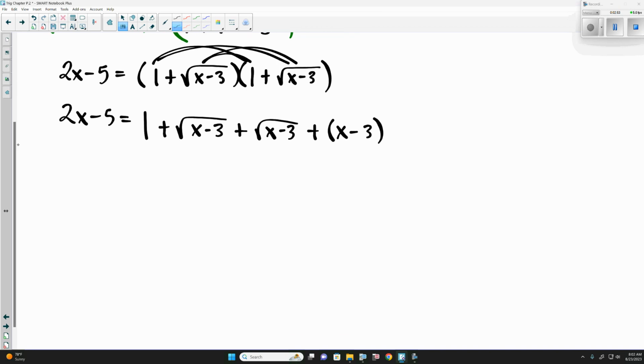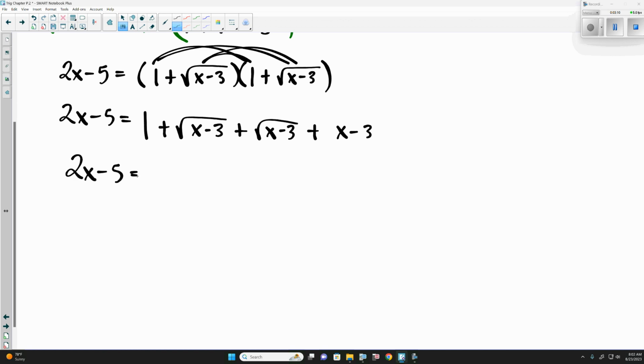Now we don't necessarily need the parentheses here, because it would just be x minus 3. If the sign in front of it had been negative, then we do have to distribute that negative through. But we can leave it as just x minus 3.